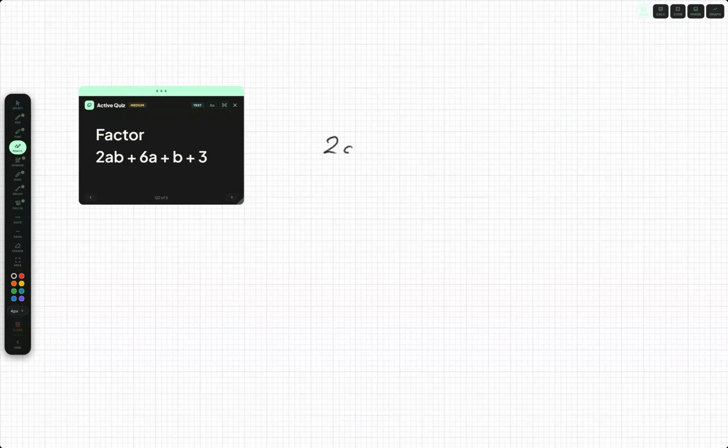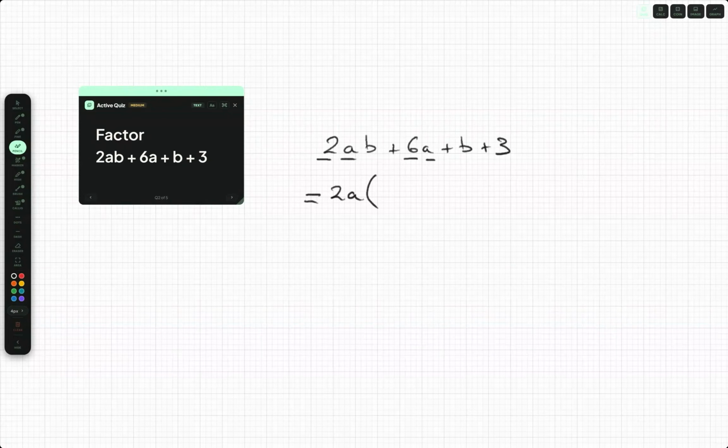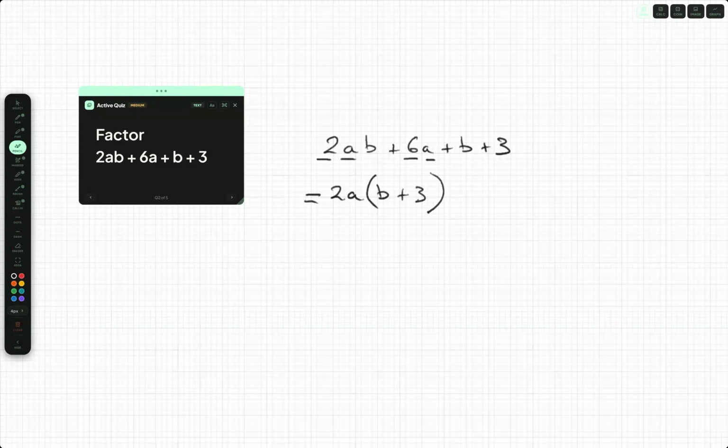So we have 2ab plus 6a plus b plus 3. Let's look at our first two. What do they have in common? Well, they both have multiples of 2 and they're both multiples of a. So we're going to immediately rewrite this as 2a out the front. 2ab divided by 2a leaves us with b, and 6a divided by 2a, the a's cancel, and 6 divided by 2 is just 3.